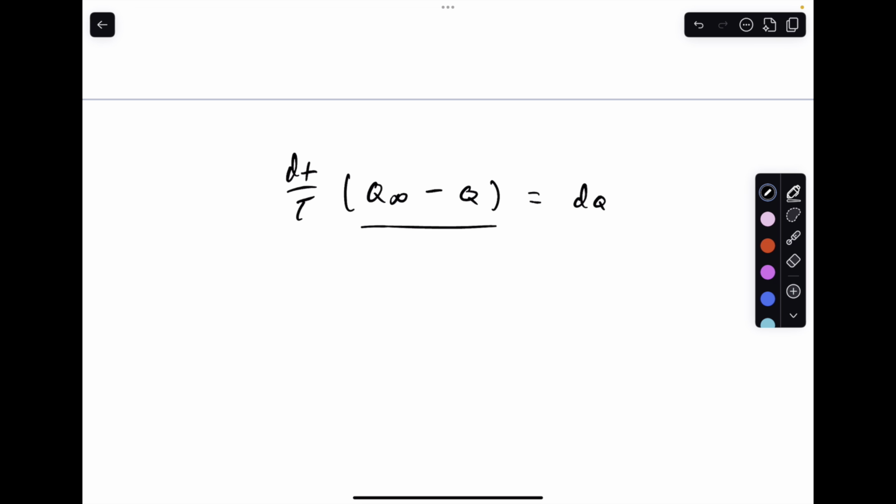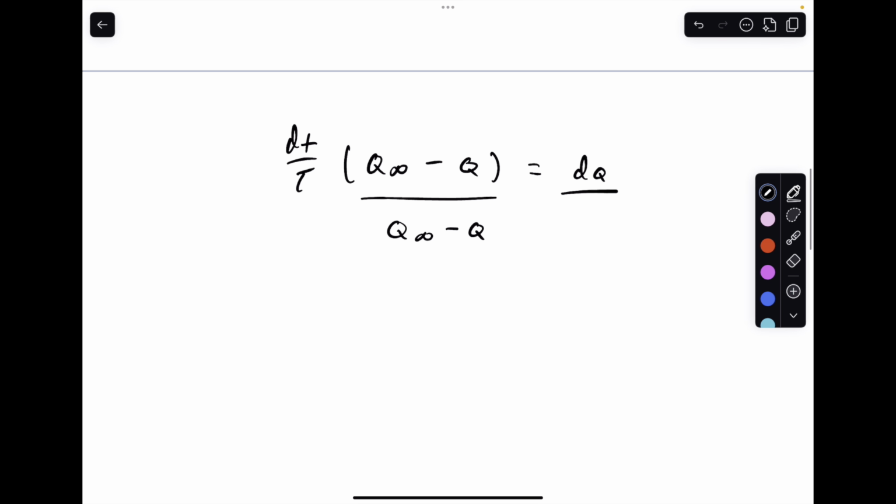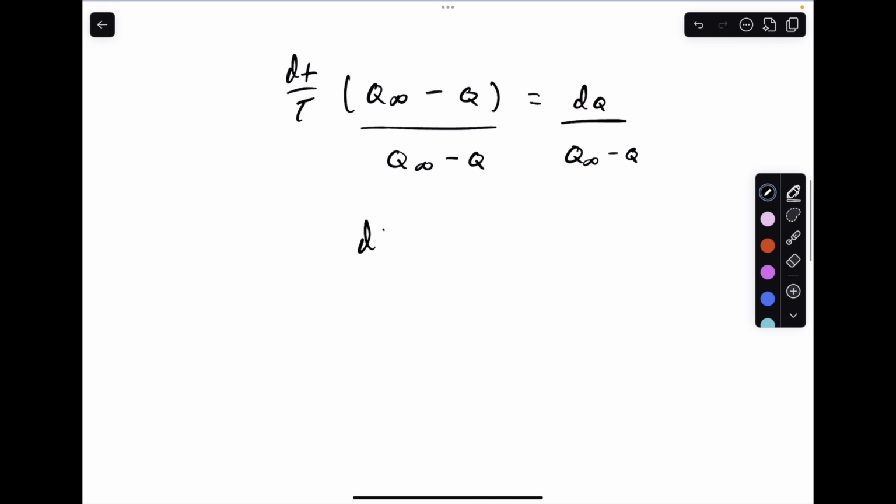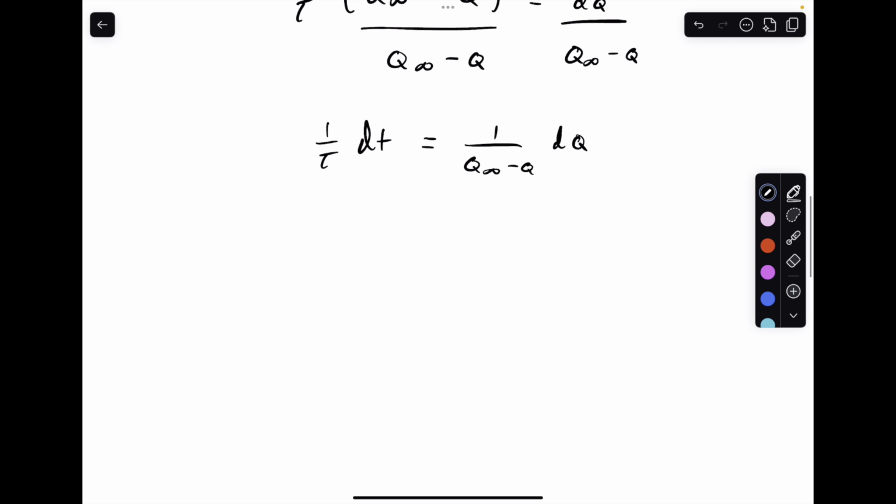And now I'm going to separate fully by dividing by q infinity minus q. And I'll get that 1 over tau times dt is equal to 1 over q infinity minus q dq, right? So now I have this expression.